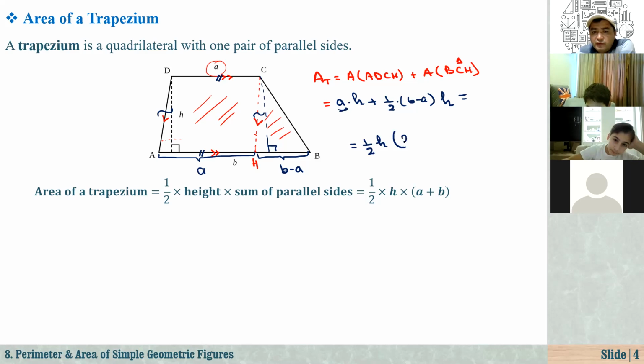What's left here is 2A, because 1 over 2 times 2A is equal to A. H is already outside. Here we have B minus A, and 2A minus A is A. It's just equal to 1 over 2 times H times (A plus B).